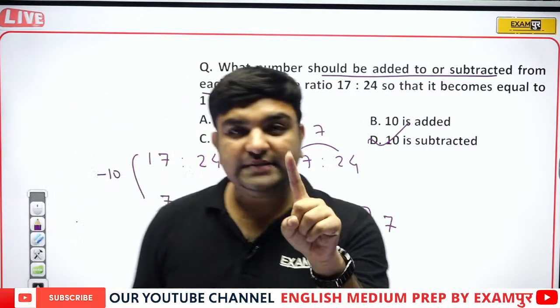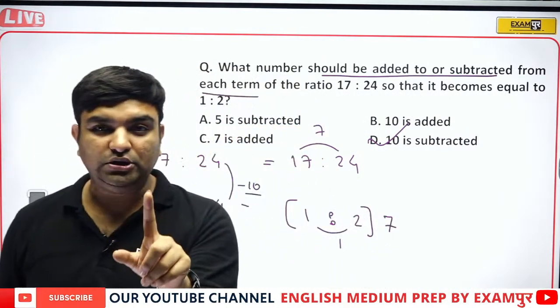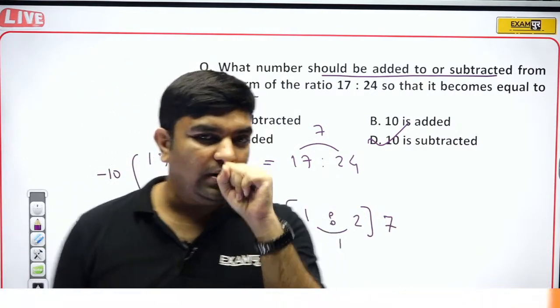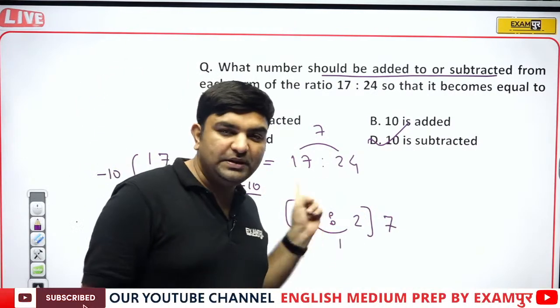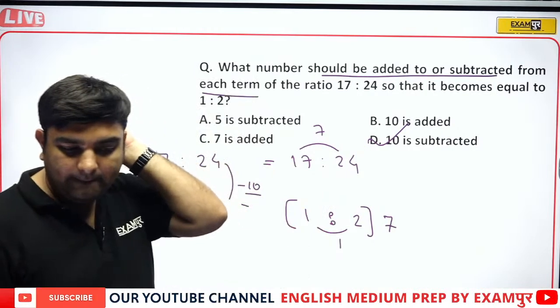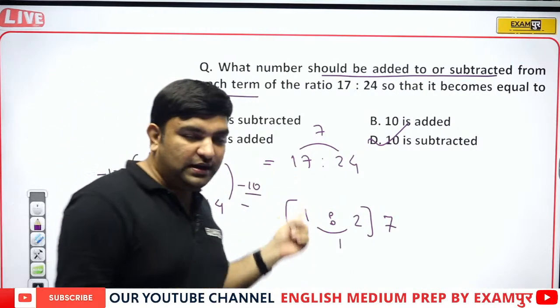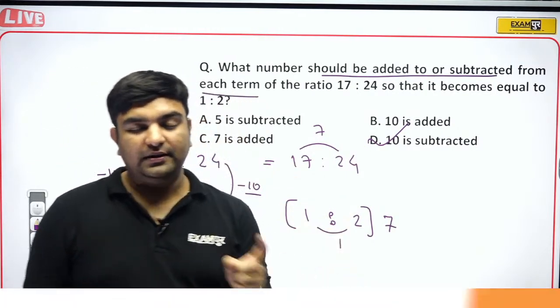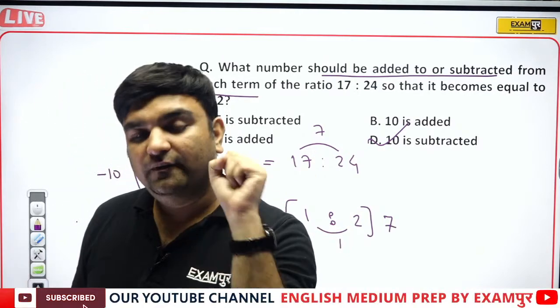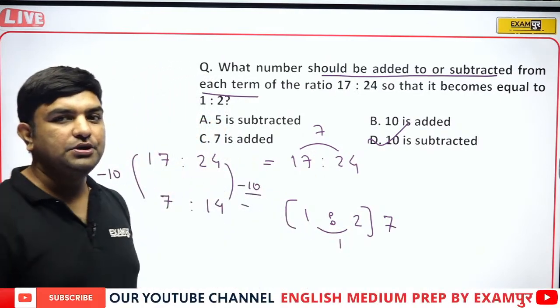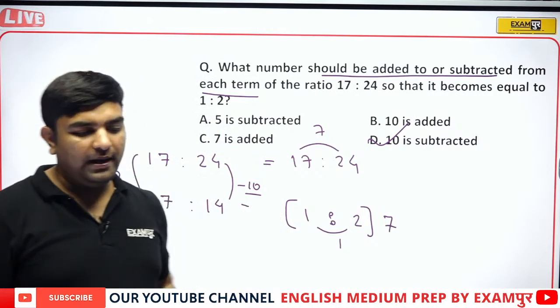Because here there is a single point of contact, and the point of contact is that the same number should be subtracted. So with that condition, we can balance the ratios.